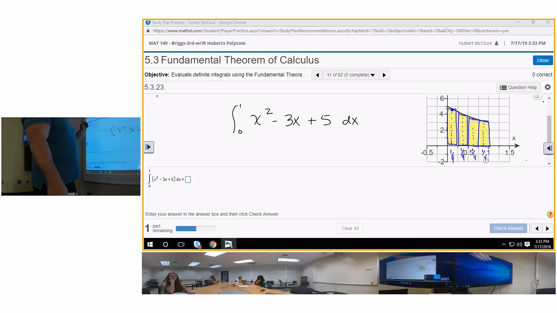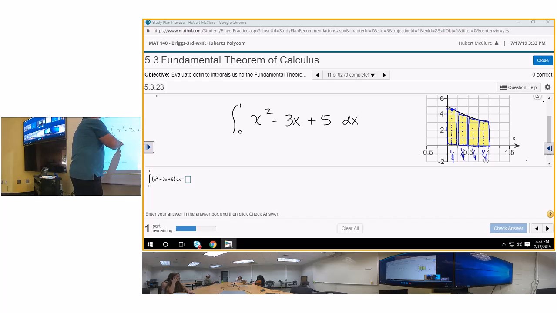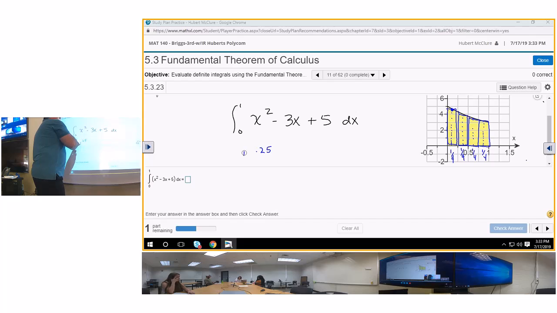Go ahead and take 0.25 and plug it into that formula and see what you get. And then 0.5, and then 0.75, and then 1. F of 0.25, F of 0.5, F of 0.75, F of 1. I'll do F of 1 for y'all.